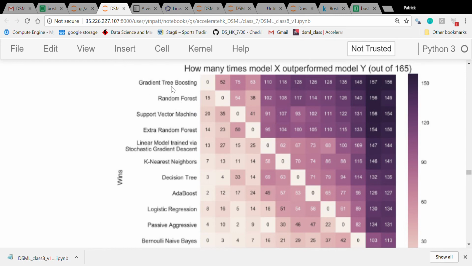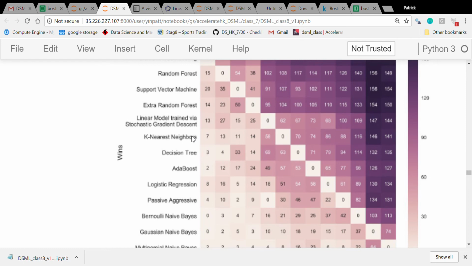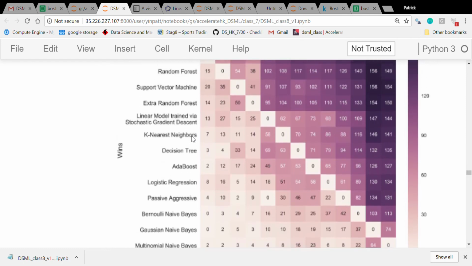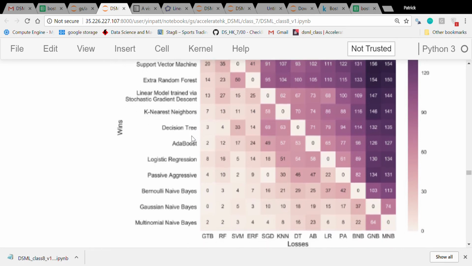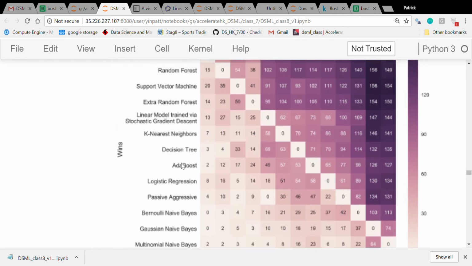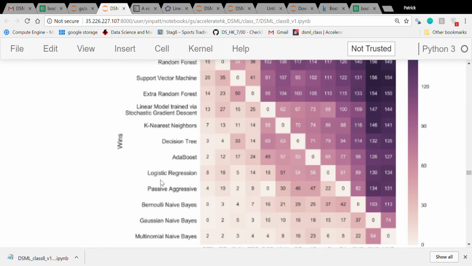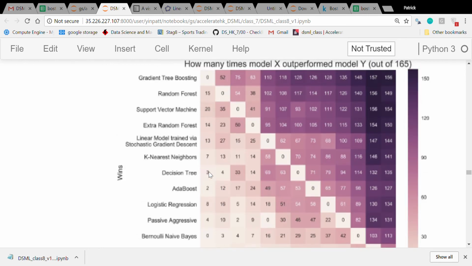Below gradient tree boosting is random forest, which is an improved version of decision tree. And the linear regression is not even on the scale. We have logistic regression, which is very similar to linear regression, but you see it got outperformed almost all the time.